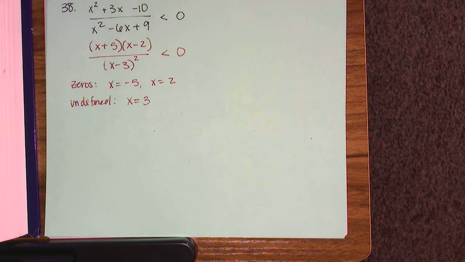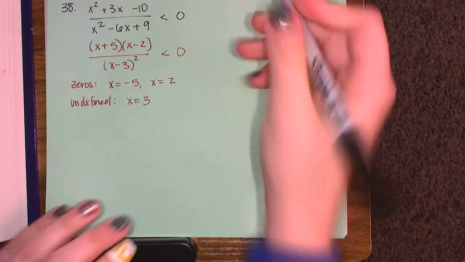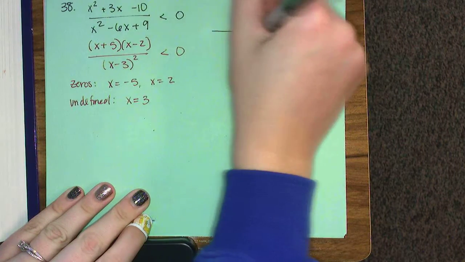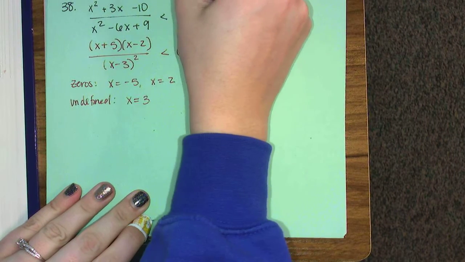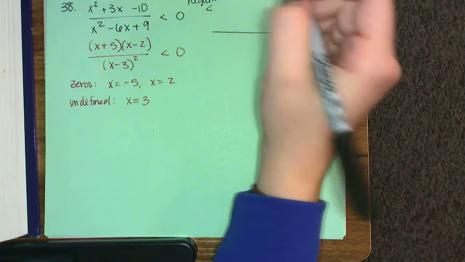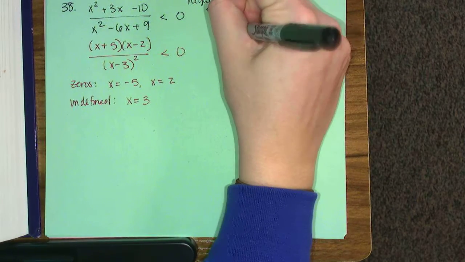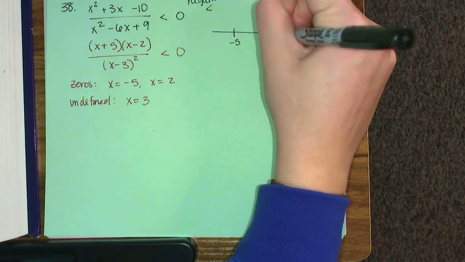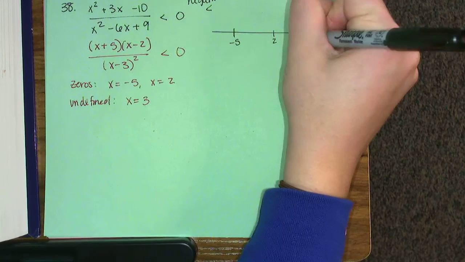Alright, so then what do I need to do next? Okay, find where it's positive and negative, and what values am I specifically looking for? Okay, I need negatives, because it's less than. So I'm going to put 1 at -5, 1 at 2, and then 1 at 3.